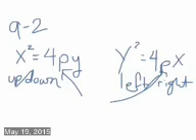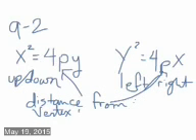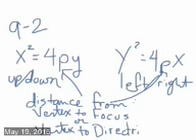So the letter P is representative of the distance from vertex to focus, or vertex to directrix. That's what that number is going to represent.